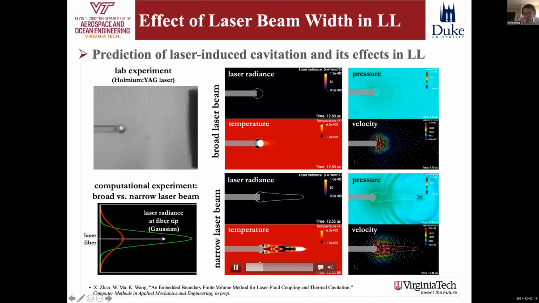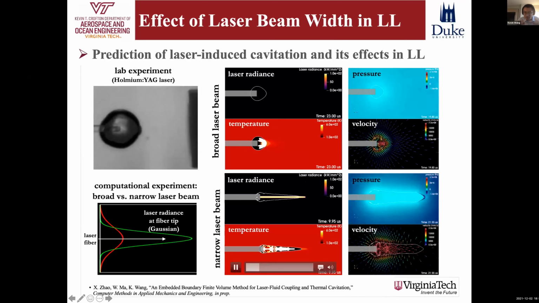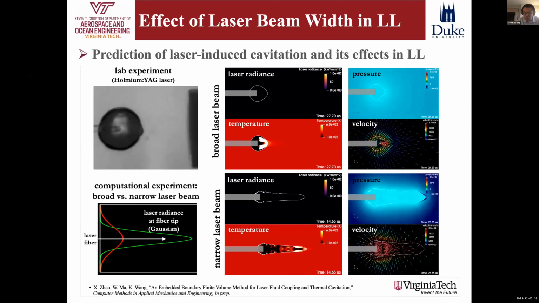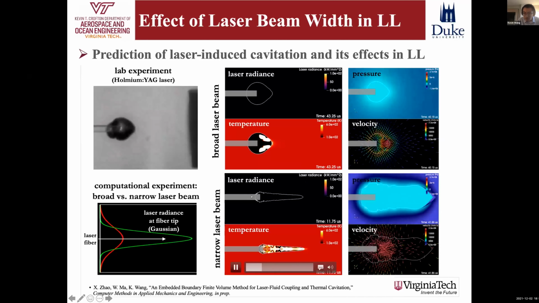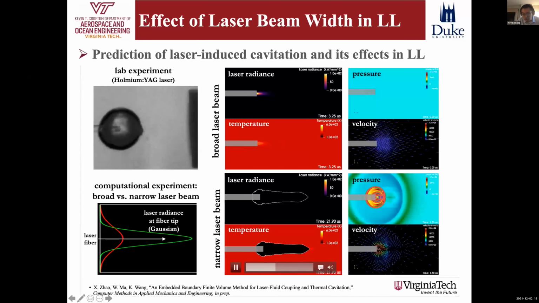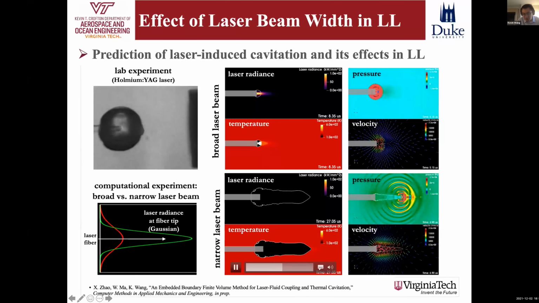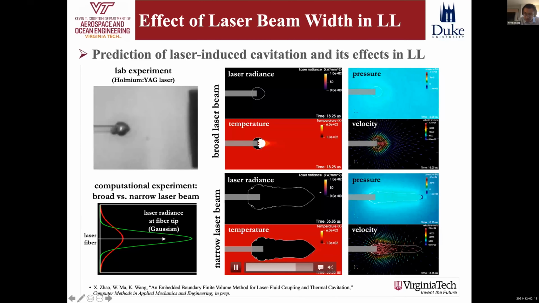In particular, the result is showing that this really creates that Moses effect, creates a channel that facilitates the transfer of laser energy from the fiber tip to a target stone if there's a gap between the fiber and the surface of the stone.